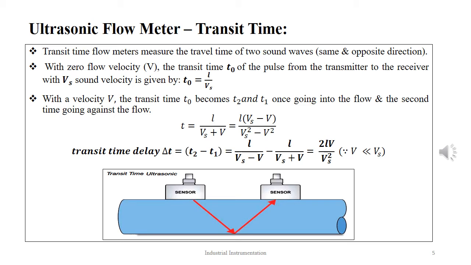Thus we get ΔT = T2 - T1 = L / (Vs - V) - L / (Vs + V) = 2LV / Vs², since V is very small compared to Vs.